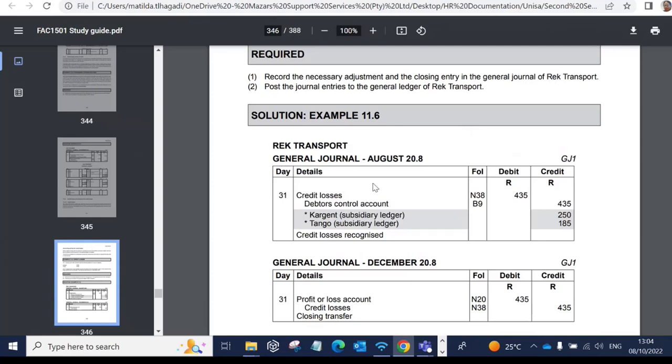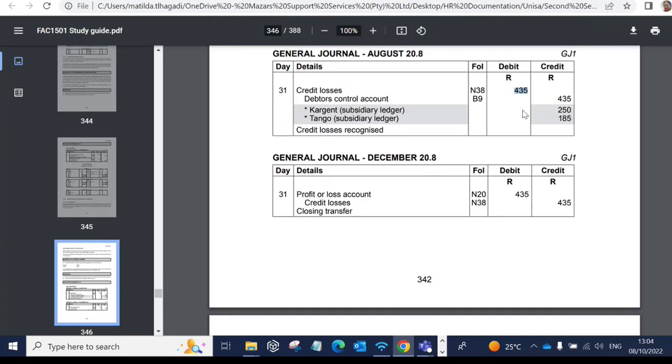So basically, there will be an expense called credit loss of 435 because they're writing off these two debtors as debtors who will not be able to pay their accounts. So they're writing their accounts off. So basically now we're going to take out the 435 out of the credit losses account and to the profit and loss account.